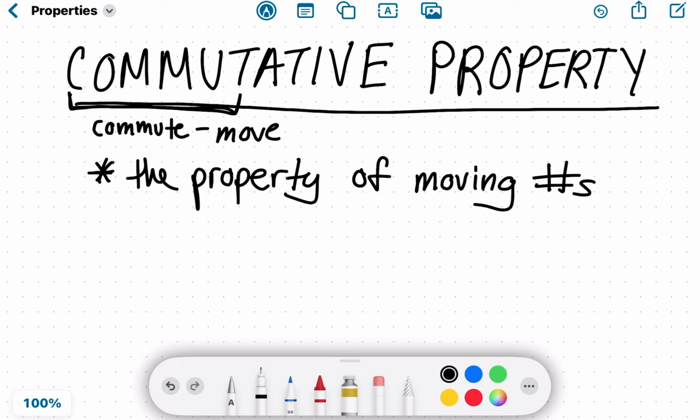So, basically what this means, no matter what order something is in, multiplied or added, the result will always be the same. Let me write that down for you because it's very important.